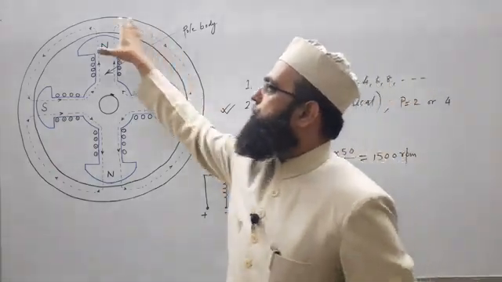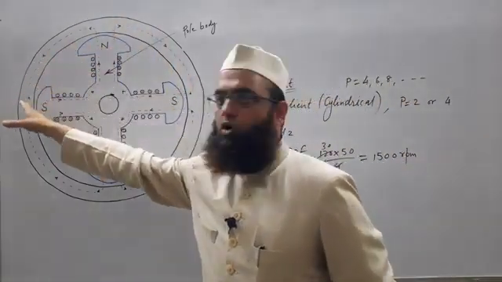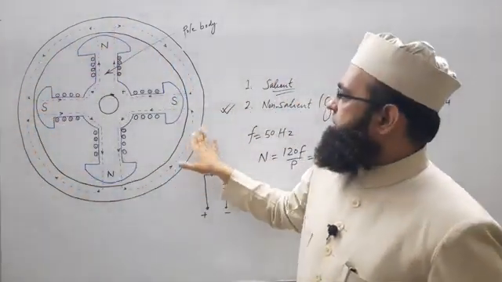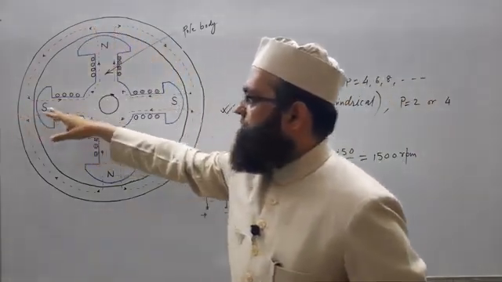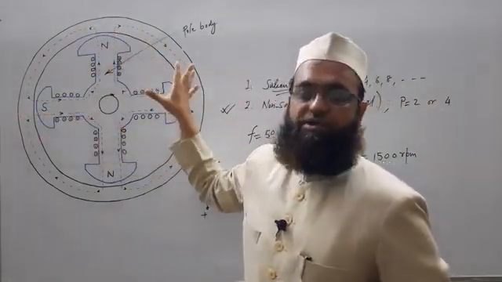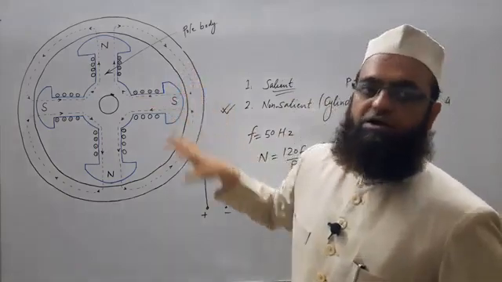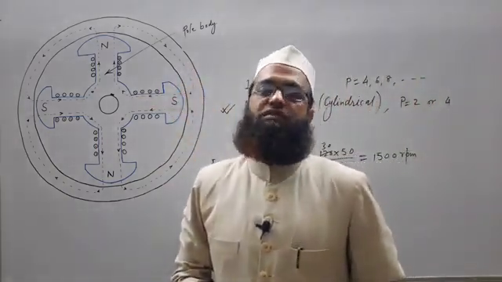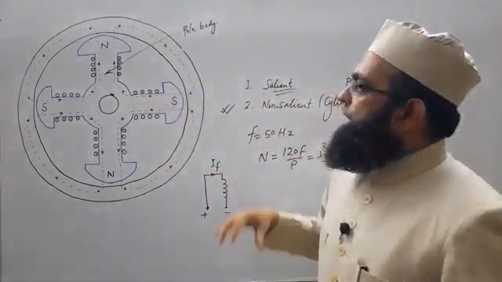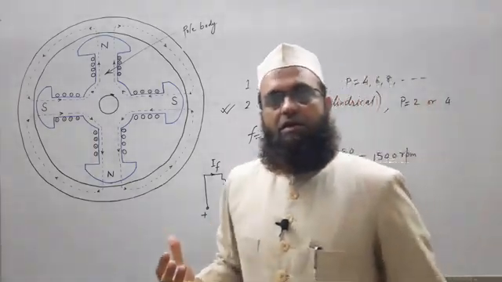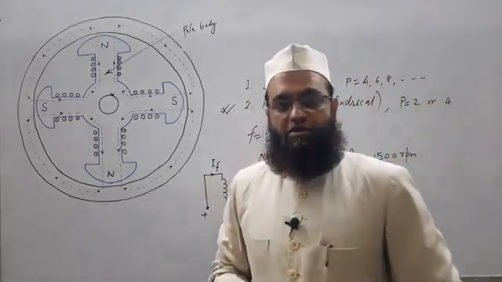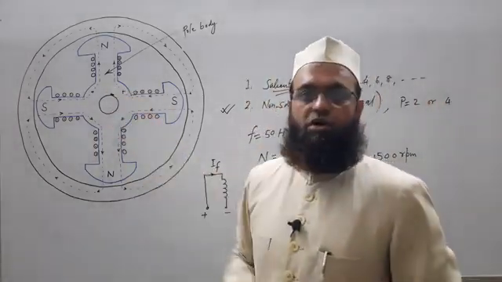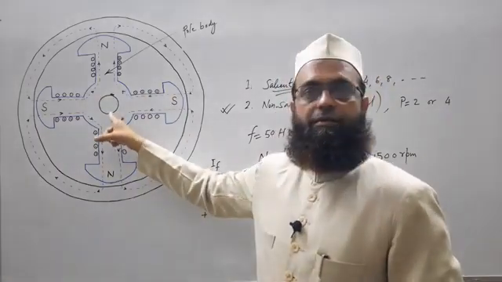Here I have not shown the detail of slots and the stator winding. This is the stator part. In between, the air gap is there. So the conductors placed on the stator will experience the flux cutting once you rotate this rotor, as you have given DC supply here.